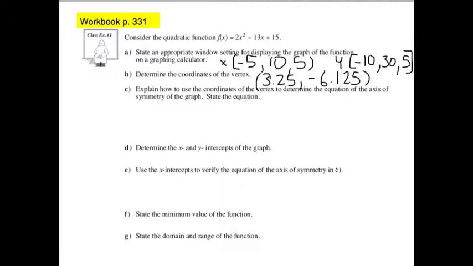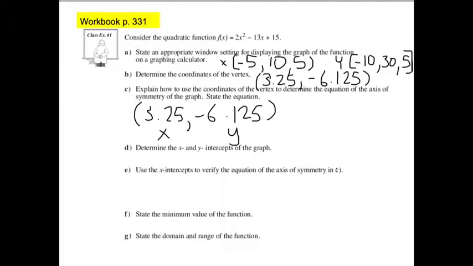Next up, we have to explain how to use the coordinates of a vertex to determine the equation of the axis of symmetry on the graph. Alright, so your vertex, as we've determined, is 3.25 and negative 6.125. Now, it is good to note that this is your x value of the coordinate, and this will be your y value.